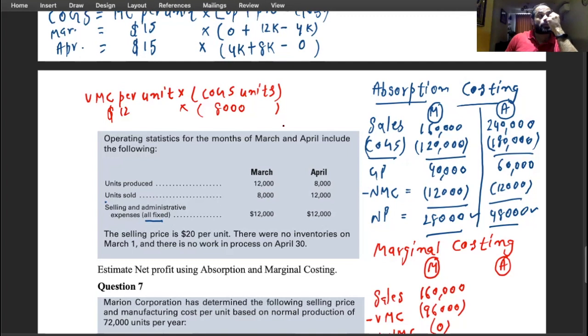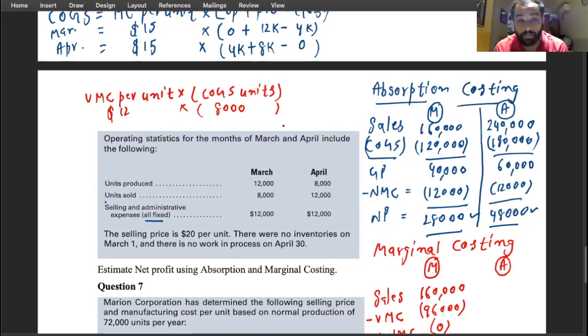So always remember, under marginal costing, we always calculate total fixed overhead. We do not calculate fixed overhead for production unit. So as per this question, how much will be the total fixed overhead for the month of March?